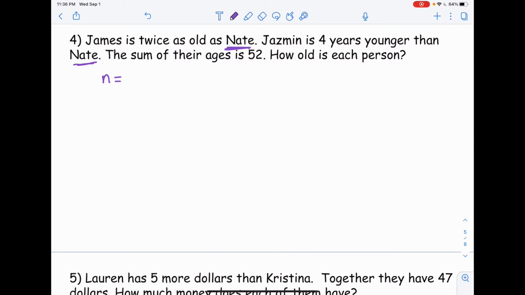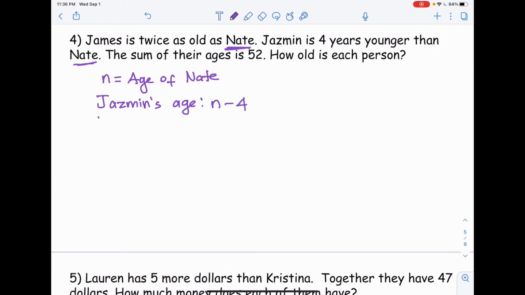Let's say N is the age of Nate. Okay, then Jasmine's age will be, since Jasmine is 4 years younger than Nate, it is going to be N minus 4.